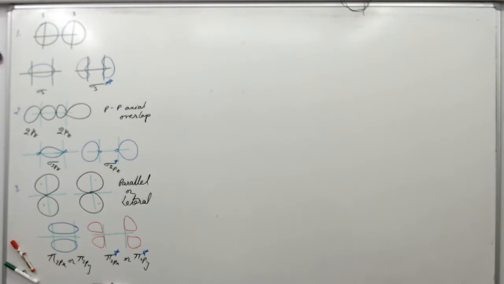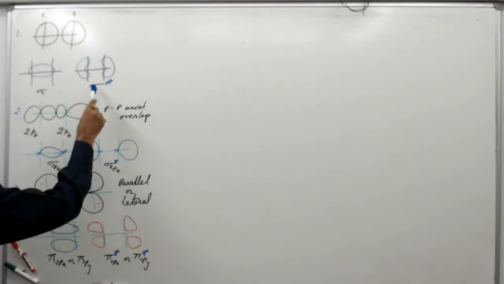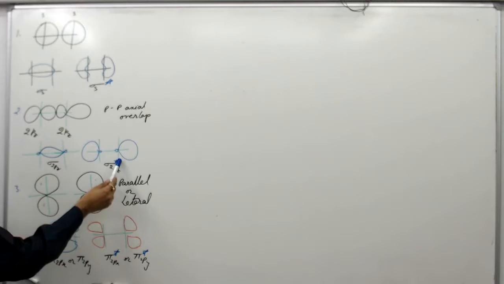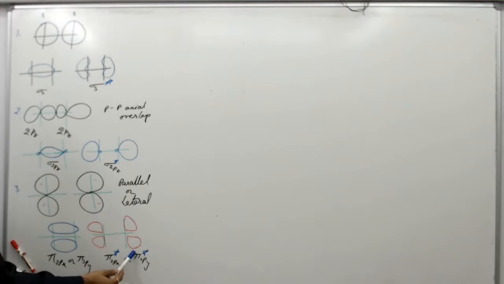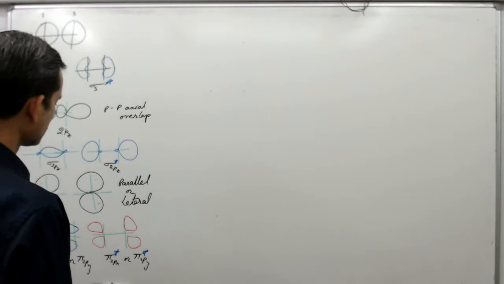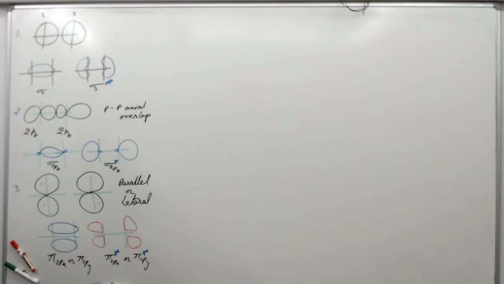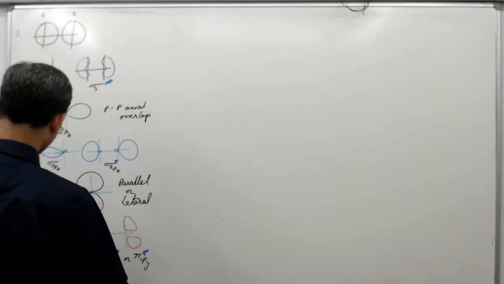So here we write it as sigma 2s star. This is sigma 2pz star. This is pi 2px star or pi 2py star. So here we have put a star on the name. So that is how we have designated the sigma and the pi orbitals, the bonding and the antibonding orbitals.